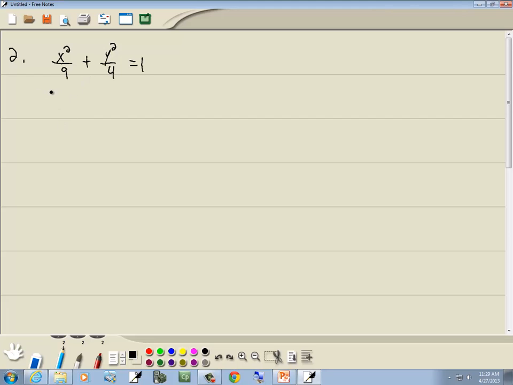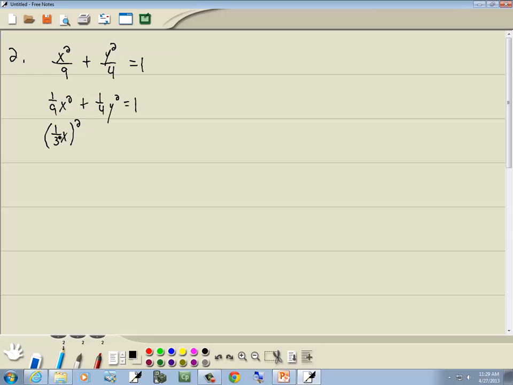Well, we're going to try to rewrite this, and you can rewrite this as, what's the best way to show it? I guess I can rewrite this as 1/9 x squared plus 1/4 y squared is equal to 1. And I can take this 1/9 and merge it into the power.